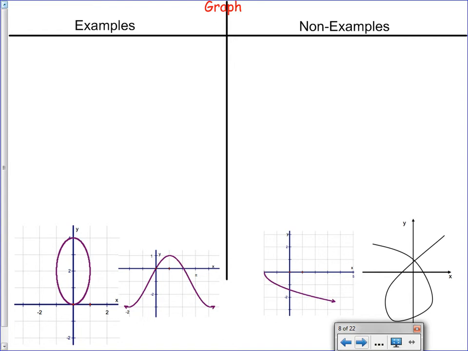Okay, what do you think about these ones? Function or not a function? Talk about it with your partners and then we'll take it up.